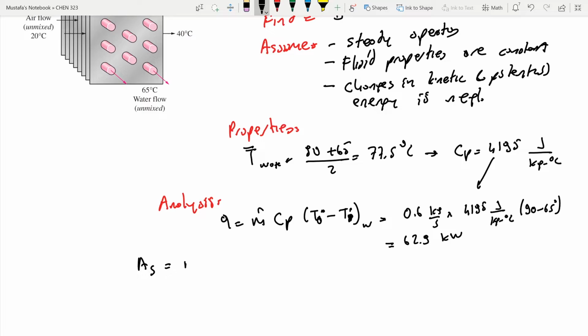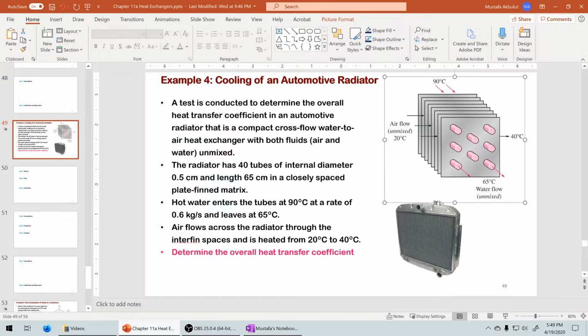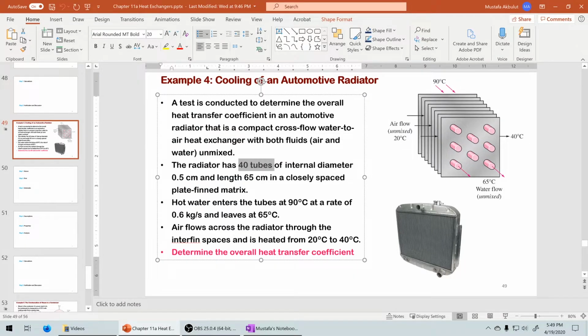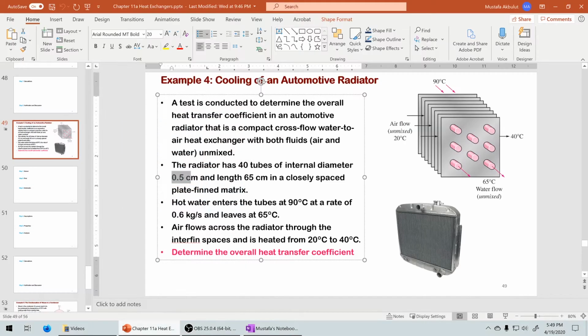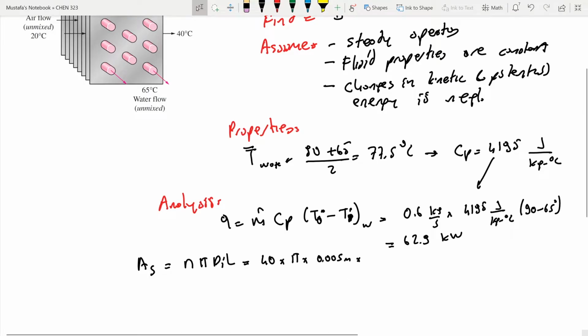We have number of tubes, 40 tubes, pi times di times L. If you go back to the problem statement, we know the diameter, we know the length, so we can calculate the area. 40 times pi times di, which is 0.005 meter, times 0.65 is the length, so we get 0.48 square meter.